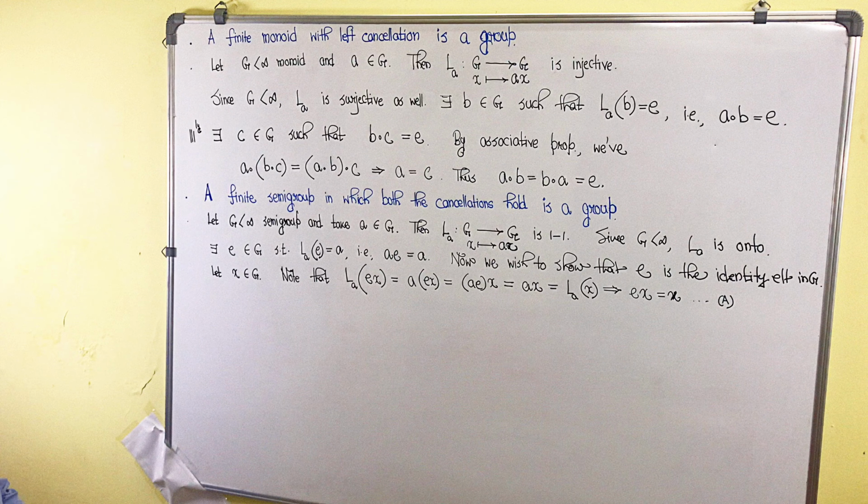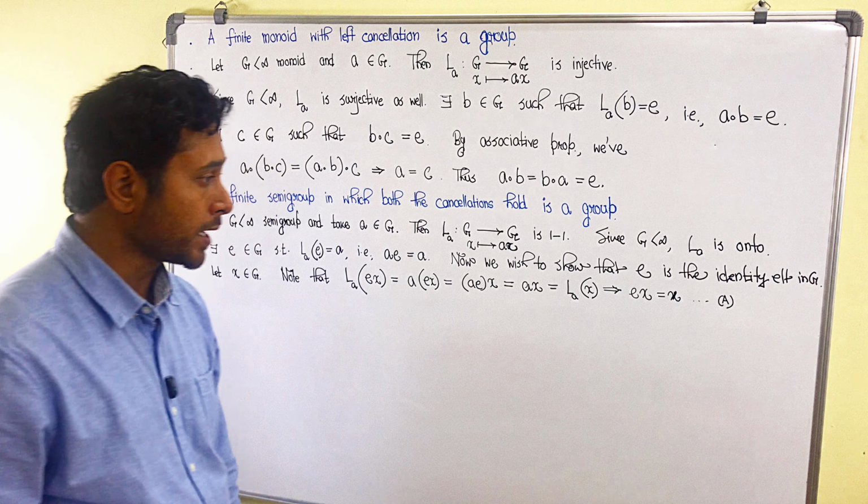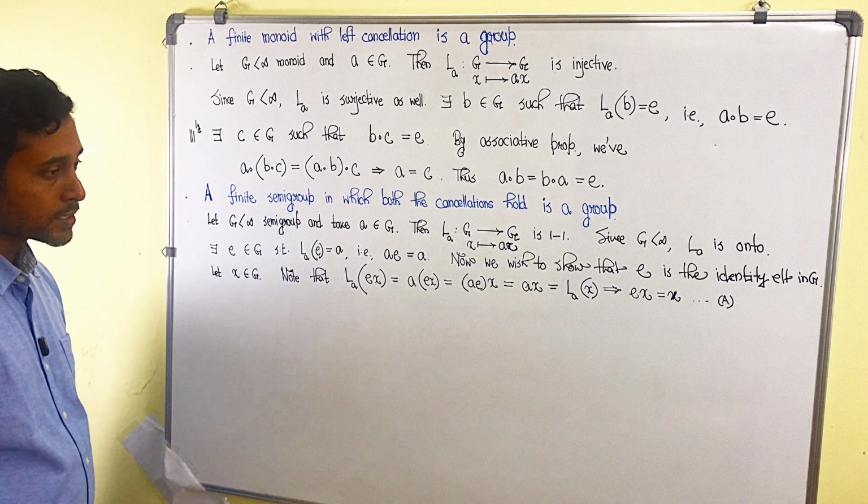Now we have to prove the other way, that is xe equals x. For this we have to take help of the right cancellation. We know that the right multiplication map R_x, from G to G, where small g is sent to gx, is also injective due to right cancellation.